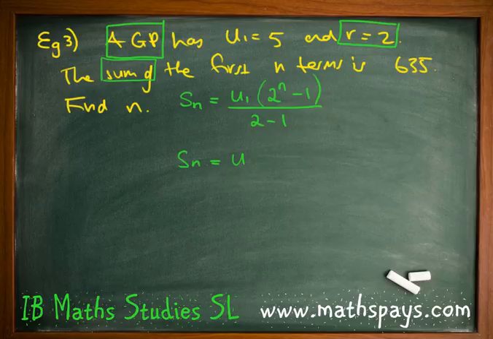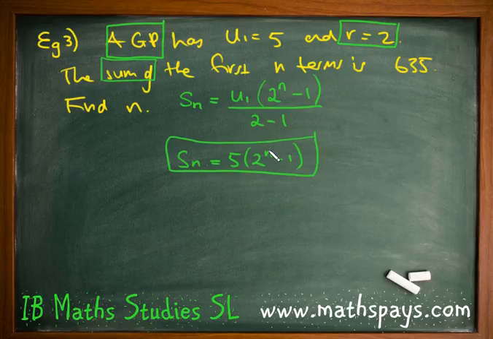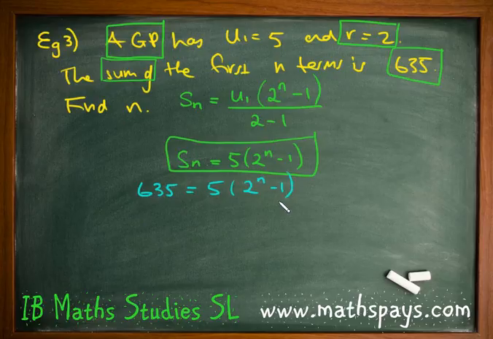So we can throw the 5 in there: 5 times 2 to the power of n minus 1, all over 1. So that's the formula I've got here for the sum of n terms. Now we do know that the sum of the n terms is 635. So now I can go one step further. I can put in 635 equals 5 brackets 2 to the power of n minus 1.